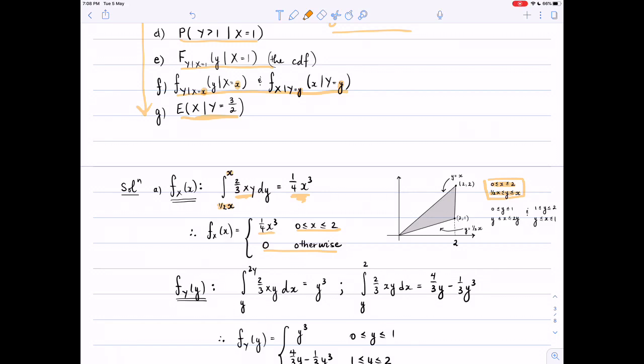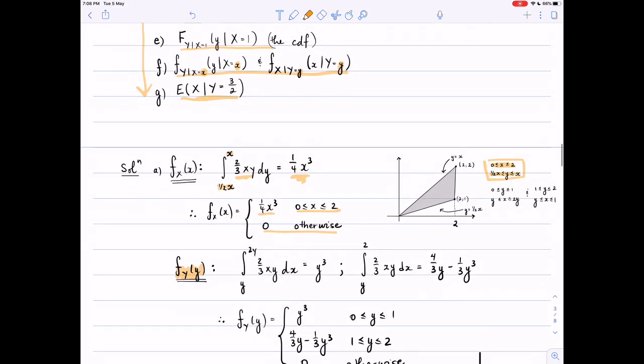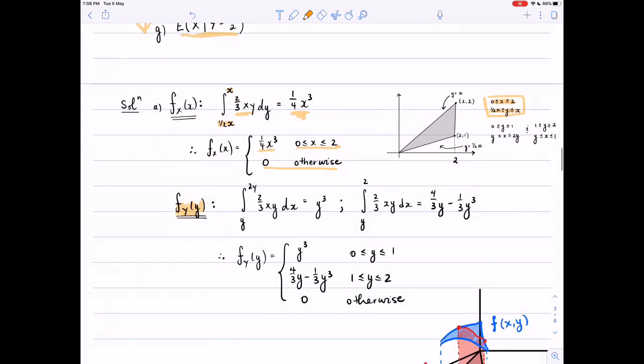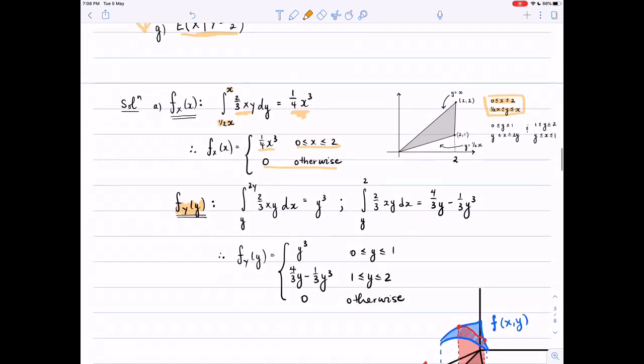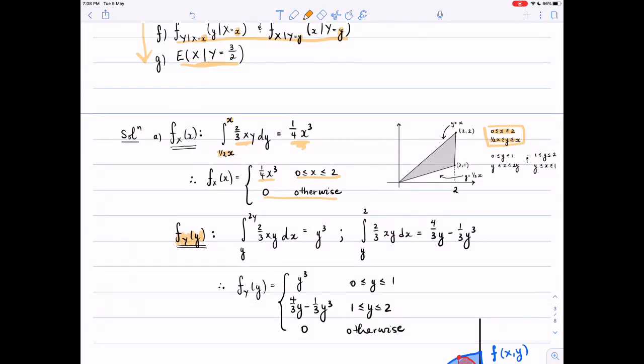Now, the marginal density for y is a little bit more complicated, because of two possibilities here. If we rewrite our region as a type 2 region, then we have to split our region, because the boundaries on the right and the left are not the same.